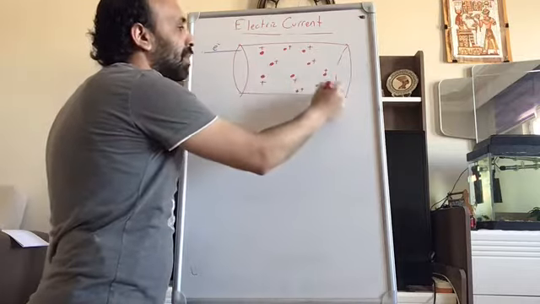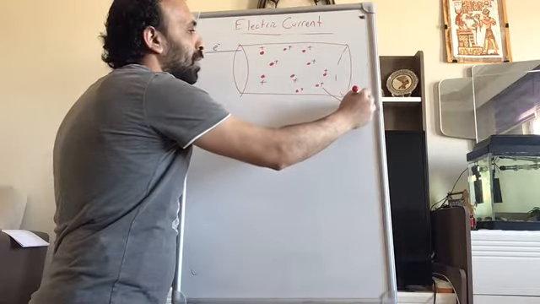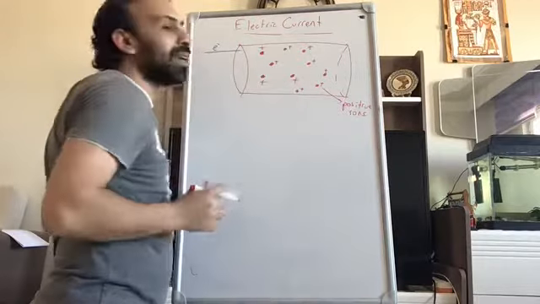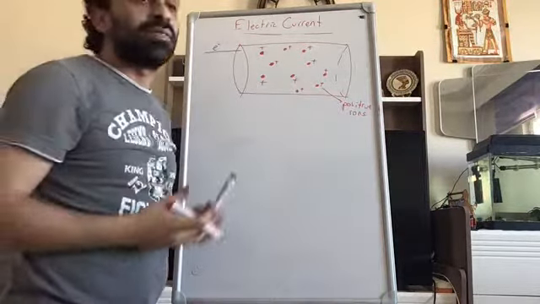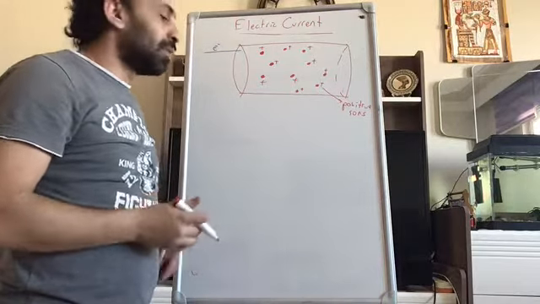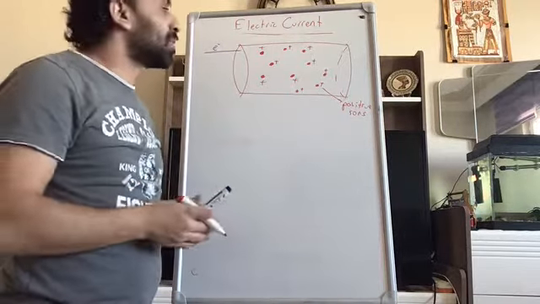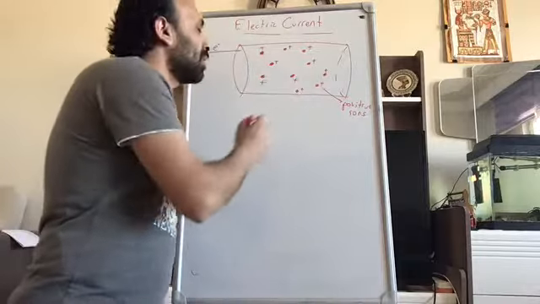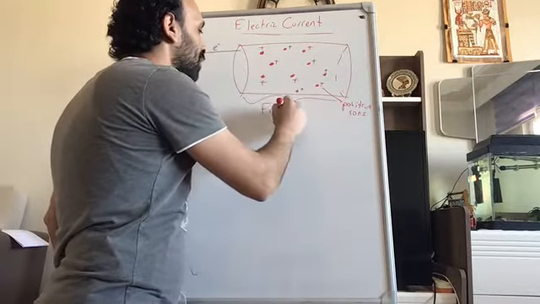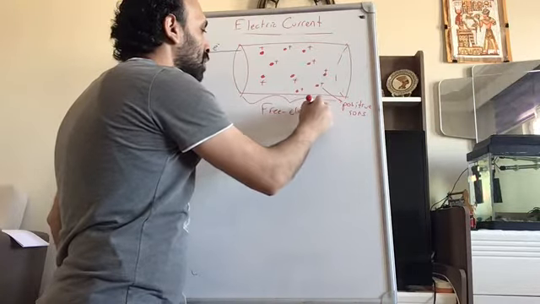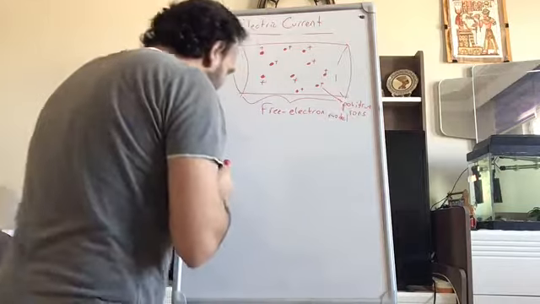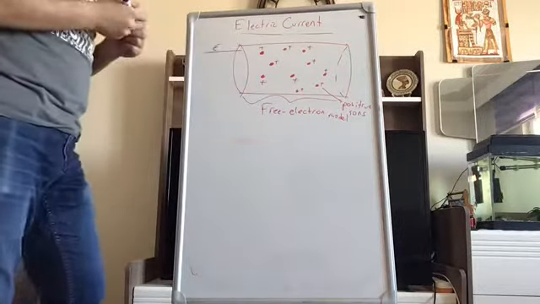Okay, these are positive ions, and this is the free electron model. Actually, it doesn't work all the time. It has some limits, but at the level of this course on Basic Physics 2, this free electron model should be enough. So let me just write free electron model.